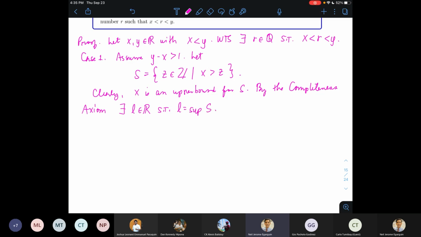So laging meron, dahil bounded above si S, non-empty siya, so ibig sabihin, LUB property will kick in, laging may real number na supremum si S. Okay. Good so far? And then would you agree that L must be a member of capital S?